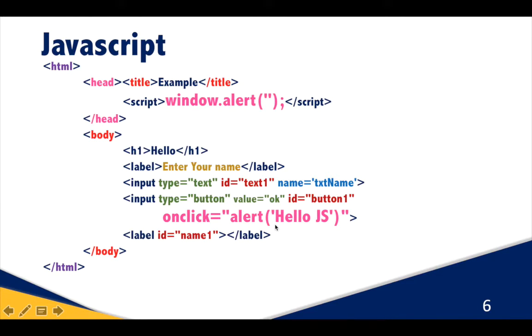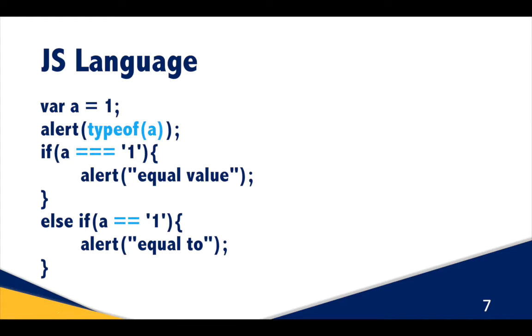And let's talk a little bit about the JavaScript. There is no data type for the JavaScript. You just call var here, and you put a variable and value here. It can be integer, boolean, string, float, whatever you want, and sometimes you want to know which type it is, so you just call a function called typeof a like this, okay?